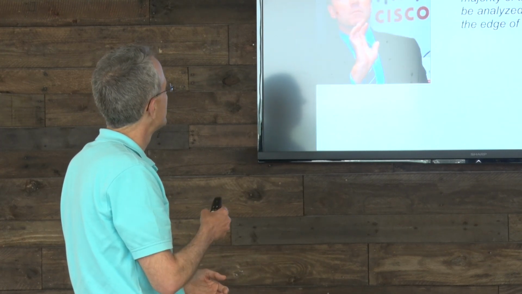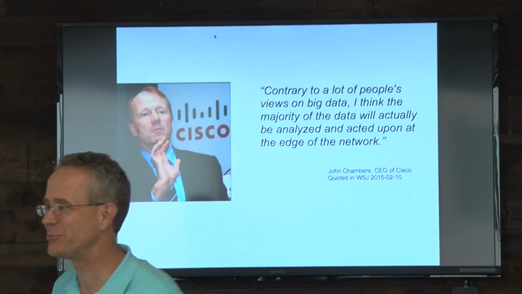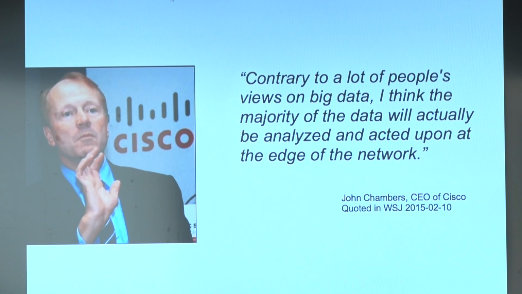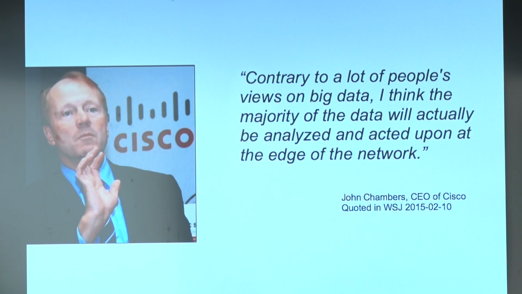So, John Chambers, the soon-to-be ex-CEO of Cisco, a couple months ago he had an interview, and they asked him about big data, and his remark was, contrary to a lot of people's views of big data, I think the majority of data will actually be analyzed and acted upon at the edge of the network.